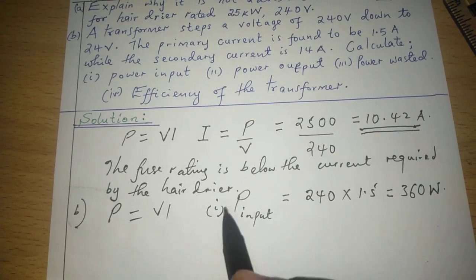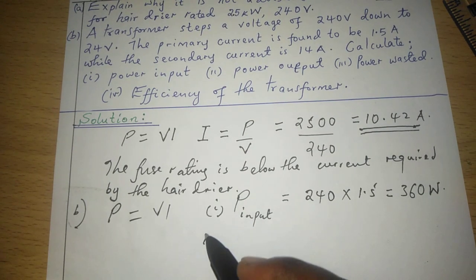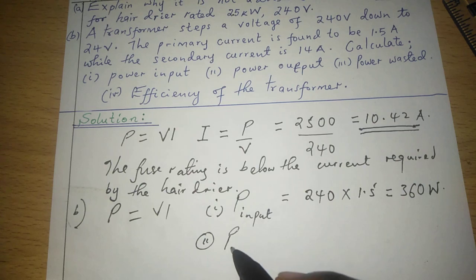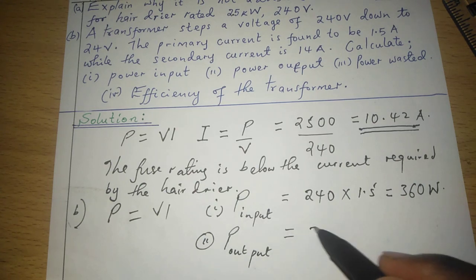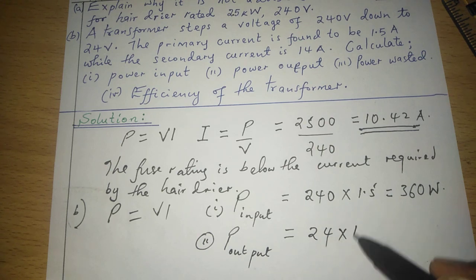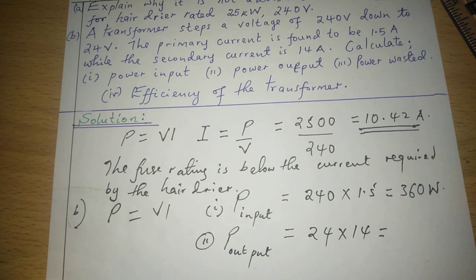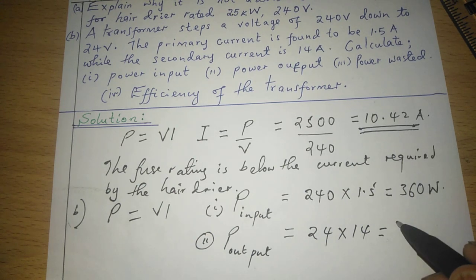So the power output is equal to a voltage of 24 times a current of 14, and this gives us 336 watts.